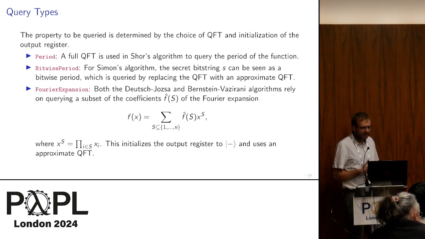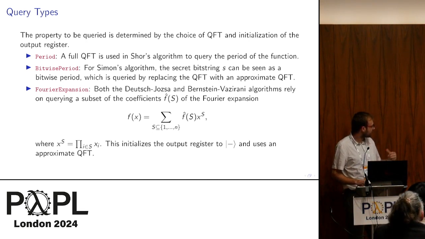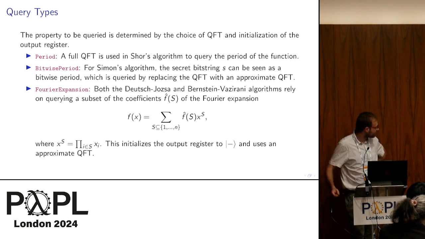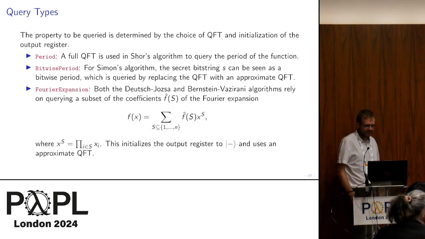And so in our DSL, the programmer gets control over this by selecting a query type. So currently we have three implemented. Period and bitwise period are respectively for Shor's and Simon's algorithms, which only differ in whether they do the full QFT or the approximate QFT.